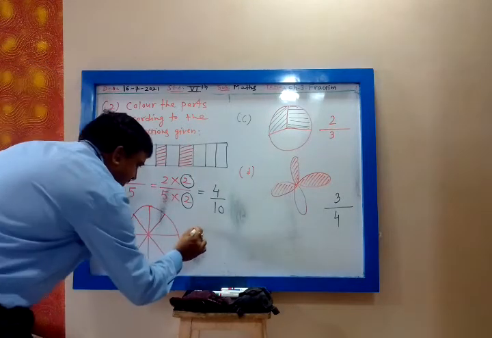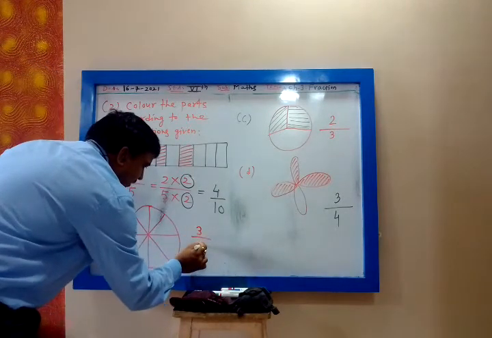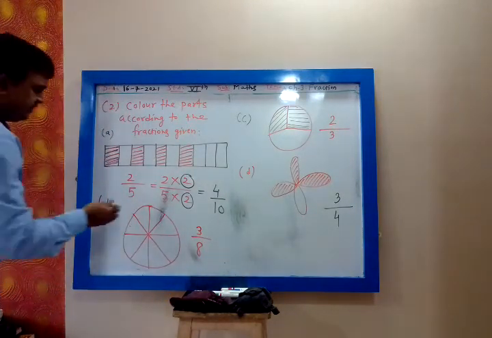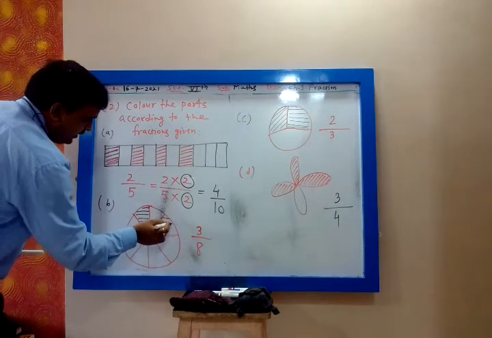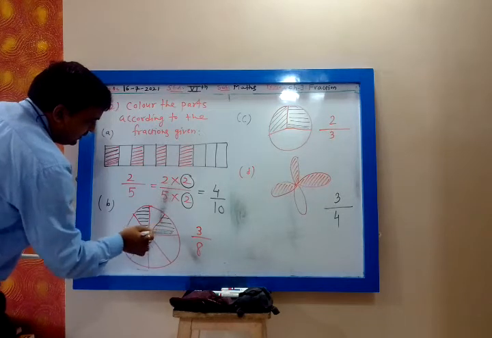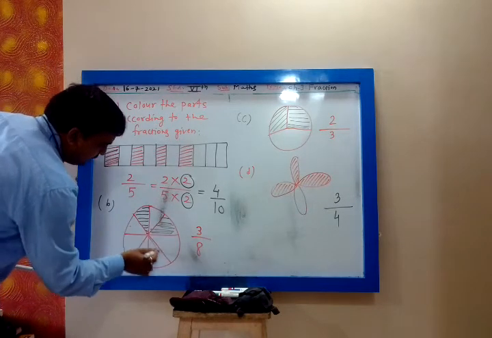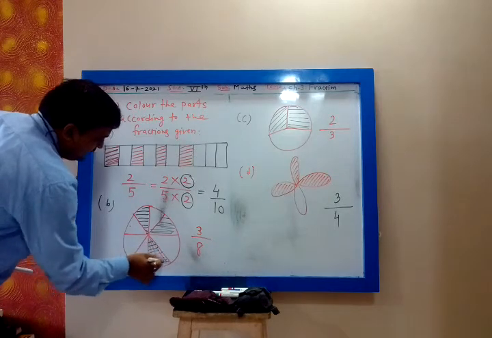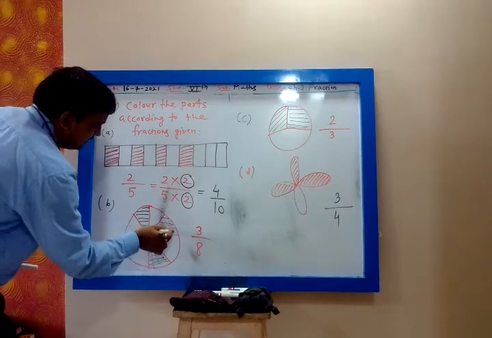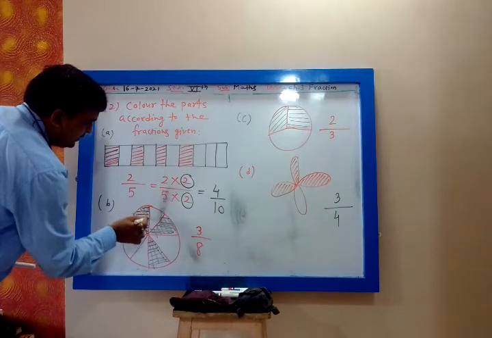And the fraction is 3 upon 8. So you shade any 3 parts. One part I have shaded. Another part I have shaded. Then one more part you can shade. So this is 3 upon 8. 3 parts are shaded.